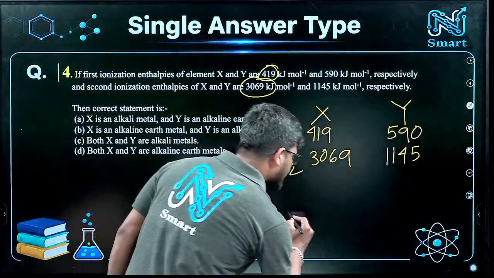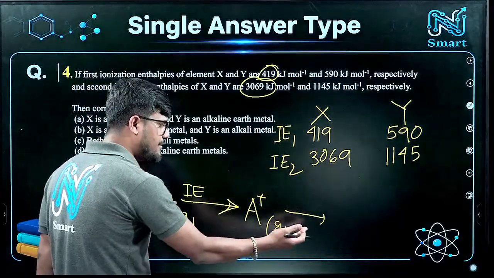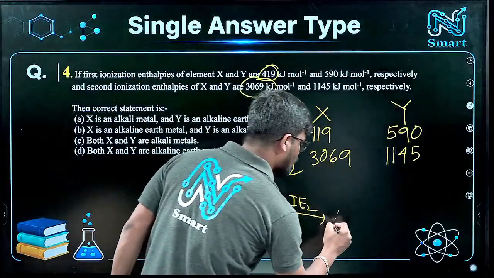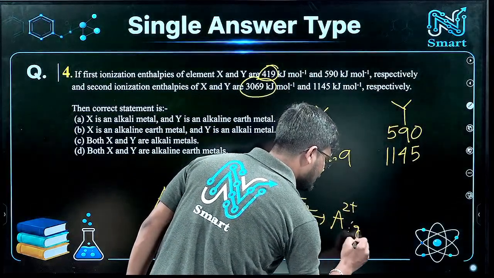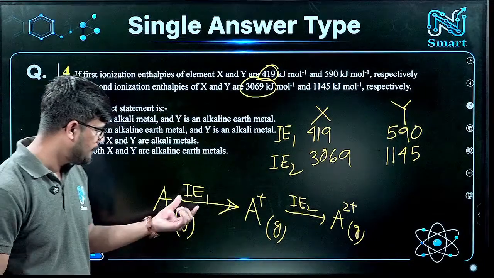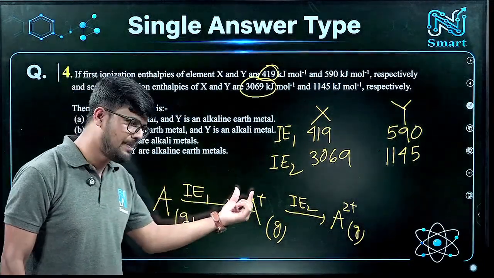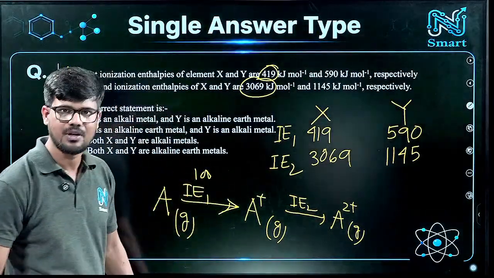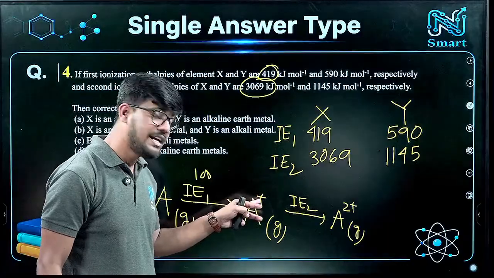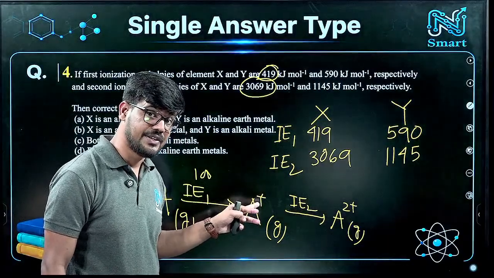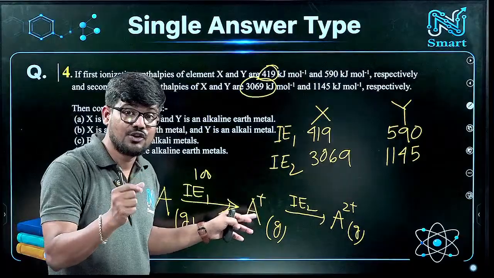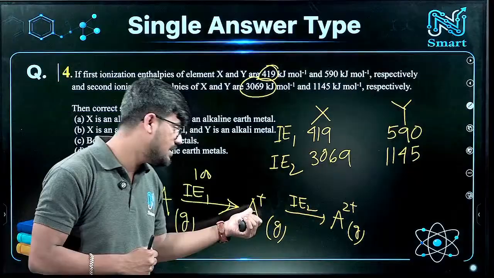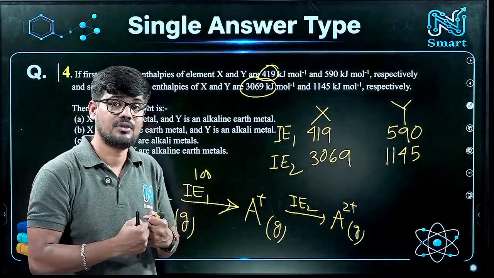Now if you want to remove one more electron, this is IE1, this is IE2, so you will get A2 plus, correct? Always remember, from neutral you are getting plus. Let's assume you supplied 100 units of energy. Now a positive charge is present, which means the nucleus is strongly holding all the electrons.